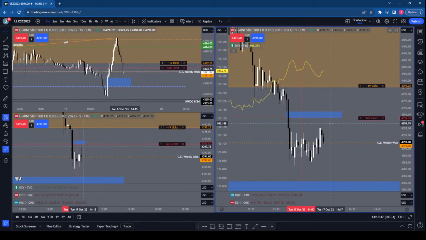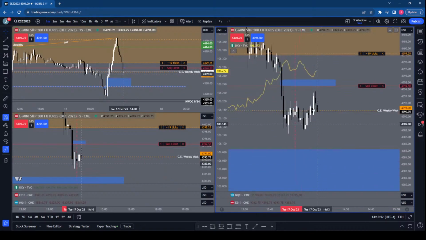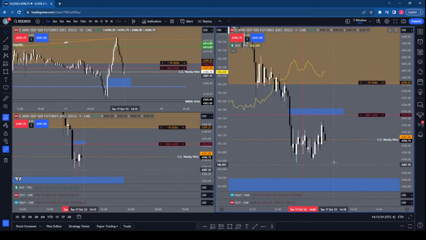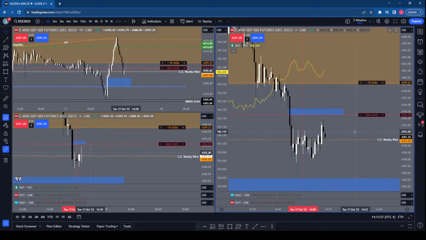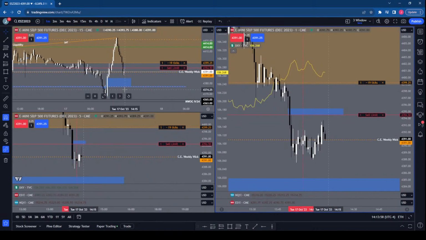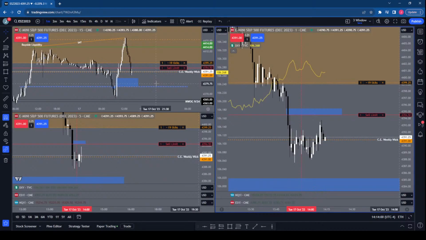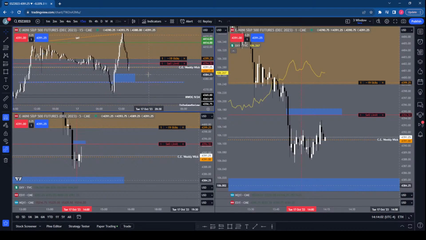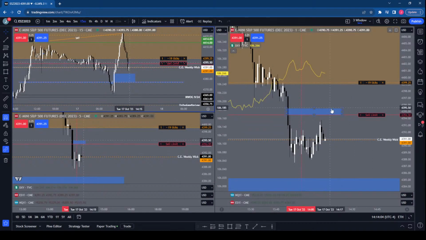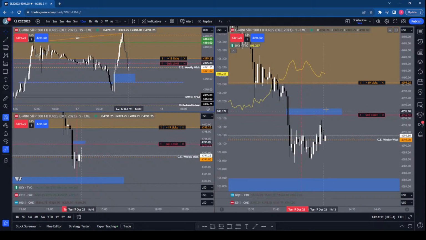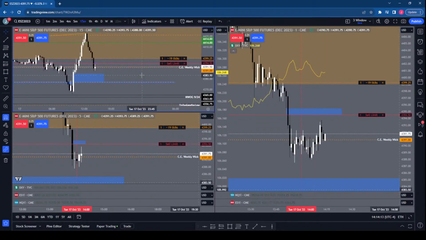So if it stopped here and then ran to our target, I wouldn't be surprised. But again, since you can outline this bullish narrative, I don't think this is an A+ setup. So that's why I wanted to demand a little more of a premium by putting it up here.